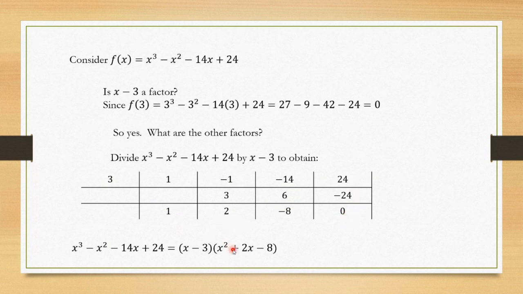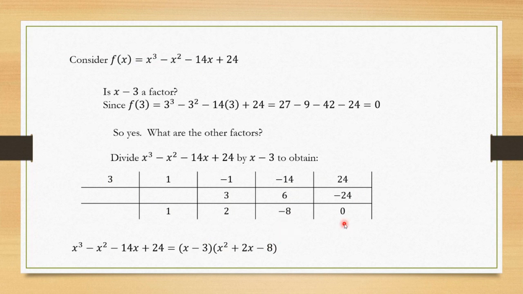Remember also, to actually get the quotient here, since we're doing synthetic division, it's 1 degree less than the dividend, which is the original polynomial, f. So these are the coefficients of it. So we have x squared, 2x, minus 8.